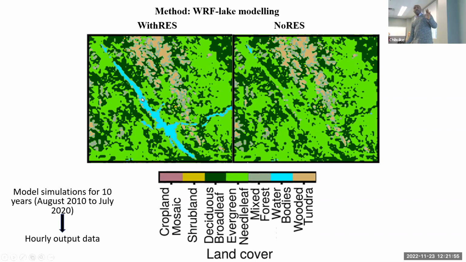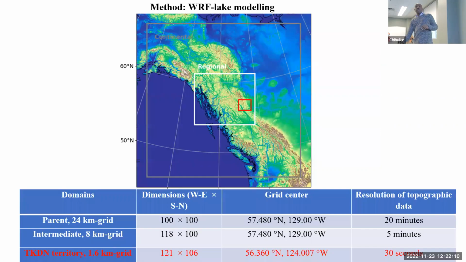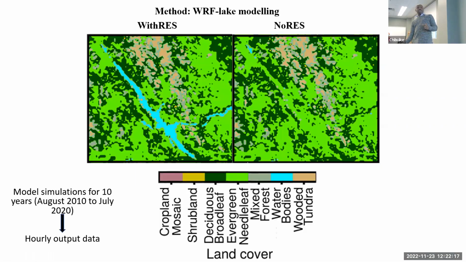The one that depicts the presence of the reservoir, which we call the with-reservoir, and the one that doesn't have the reservoir at all, which is the no-reservoir. Okay, and with these 2 sets, I plug it back into this domain, this small area, and run the model for 10 years.